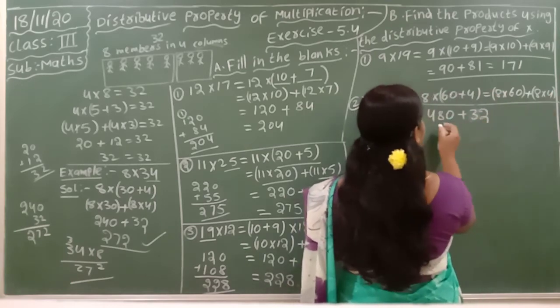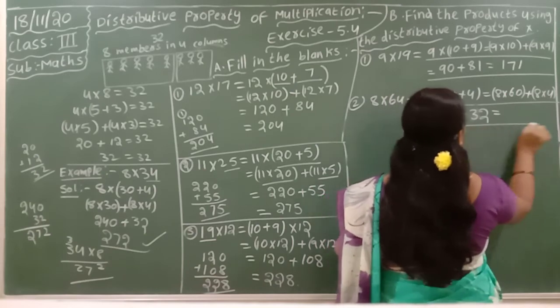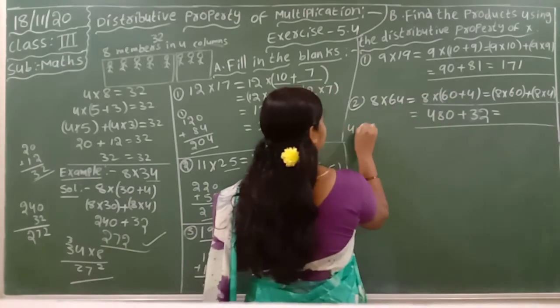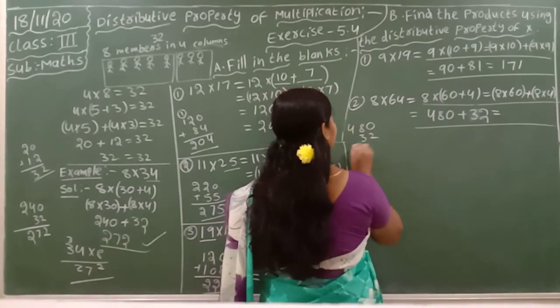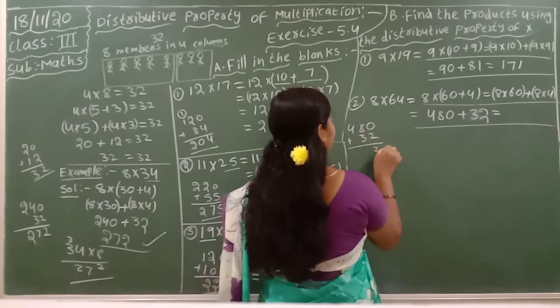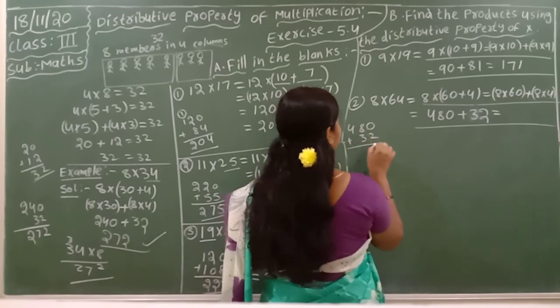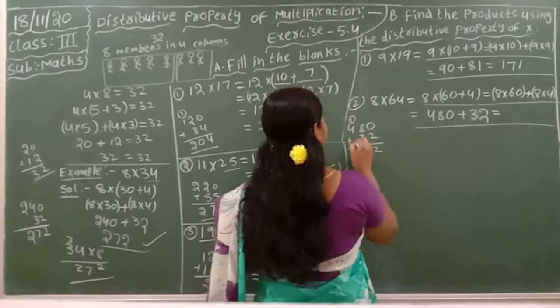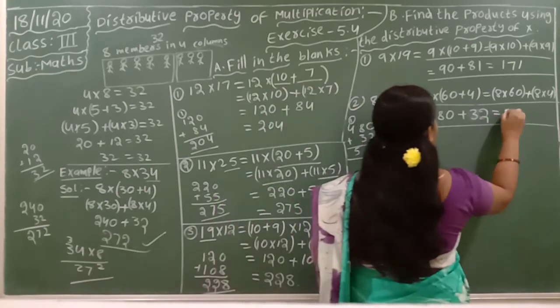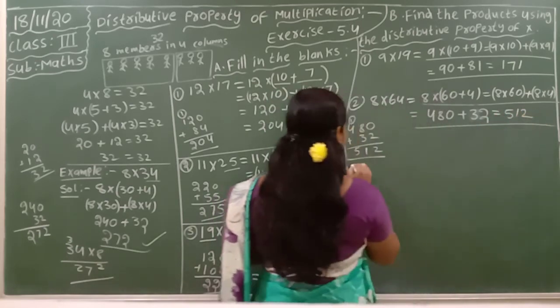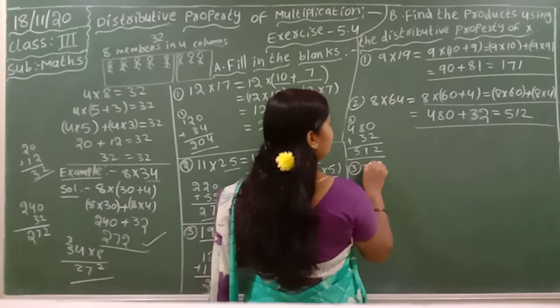Now you can add these two numbers like this: 480 plus 32. 0 plus 2, 2; 8 plus 3, 11; 1 plus 4, 5. The answer is 512.